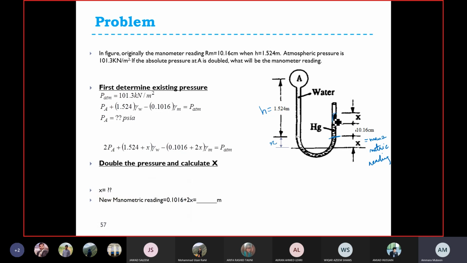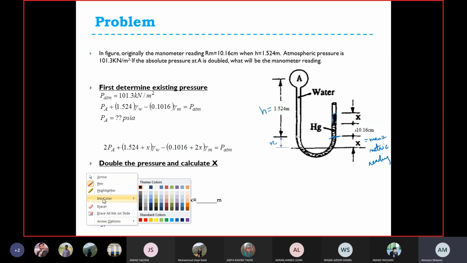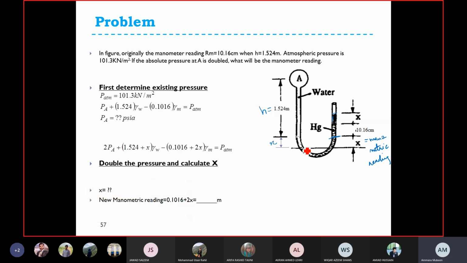Now using this configuration, you can write the equation. How can you write the equation? You need to measure this difference, which is unknown. The unknown in this question is the manometric reading when the pressure is doubled.